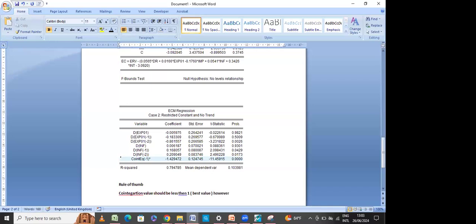However, a lot of researchers mention that the co-integration value should be less than 2.